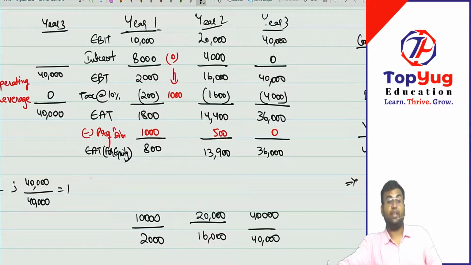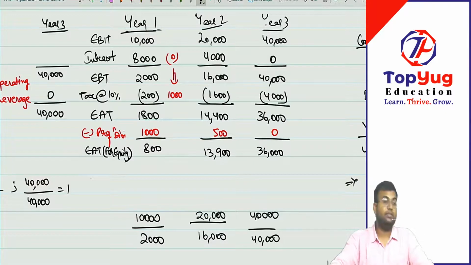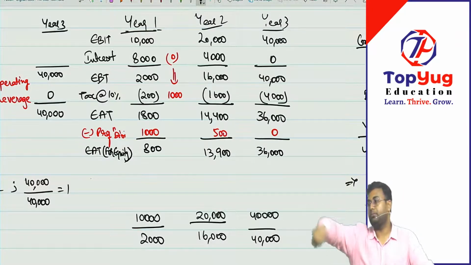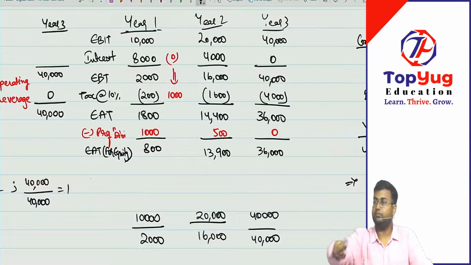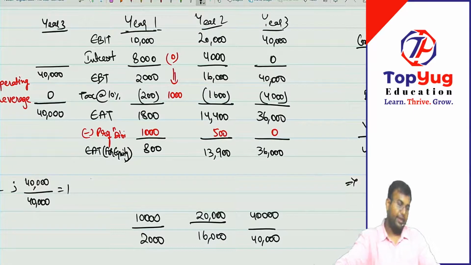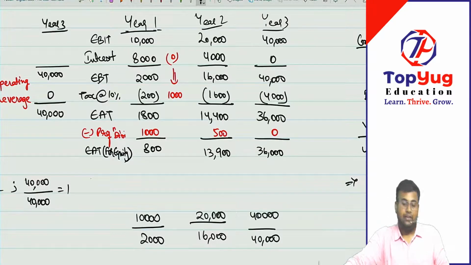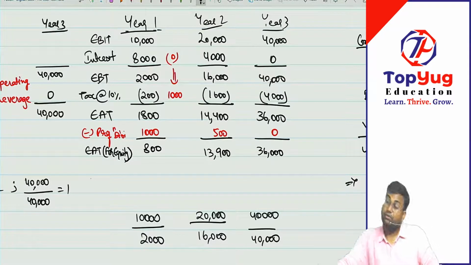How much tax are you paying? 10%. If suppose you had 40,000 interest, then how much tax would you have paid? Correct. Now, is it right to say that degree of financial leverage in year 3 is 1?